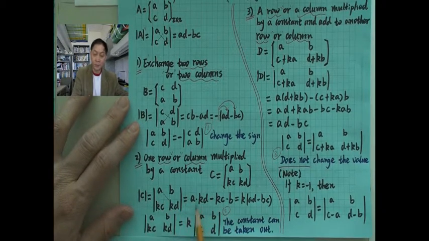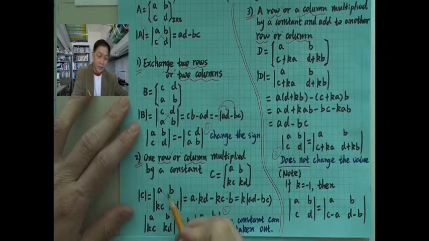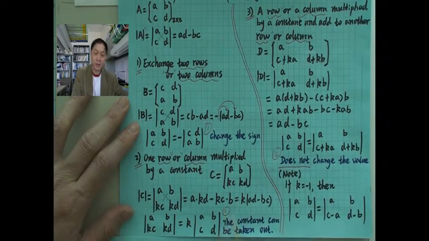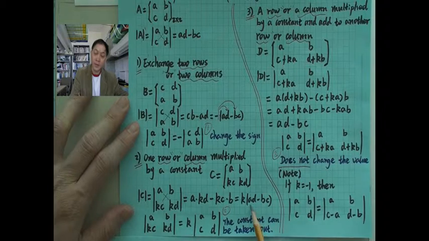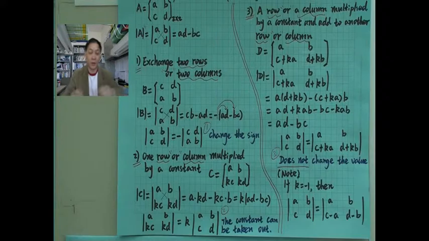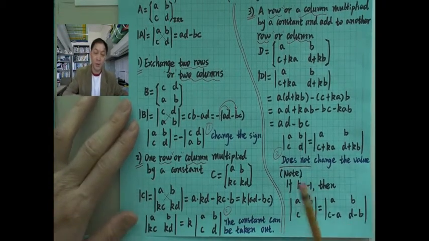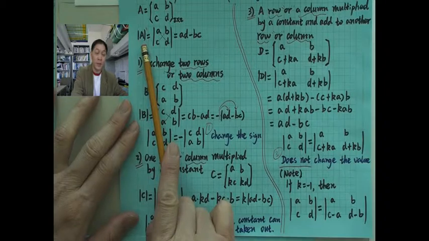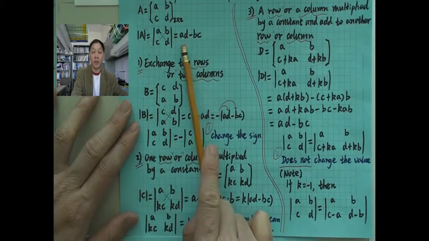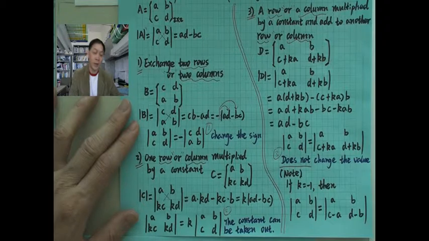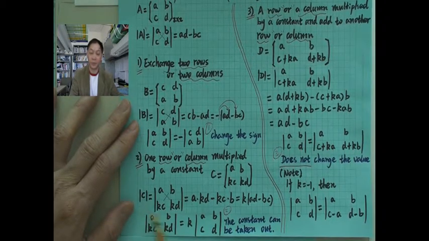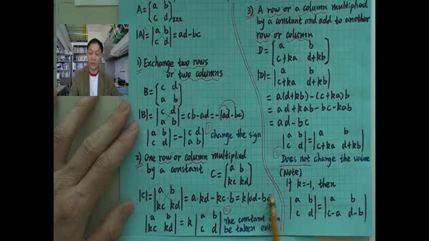Again, A times KD minus KC times B. It's always this diagonal minus this diagonal. So what do we have? Pull K out. Then you have AD minus BC right here. So what's the difference then? Previously, for the determinant of matrix A, you have AD minus BC. Now for the determinant of C, you have a K in front of it.